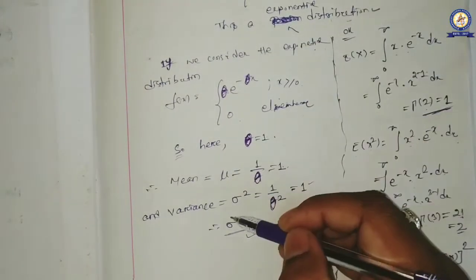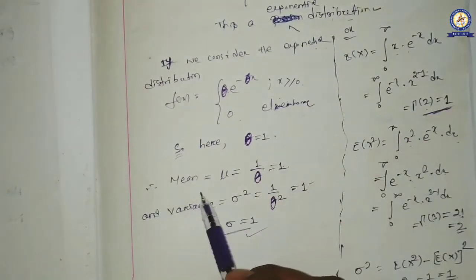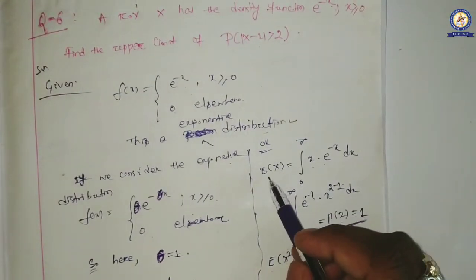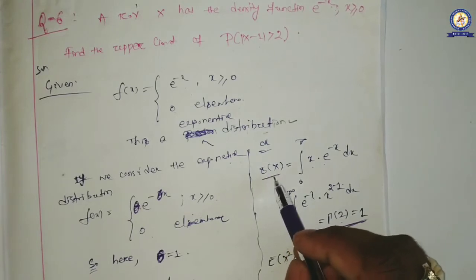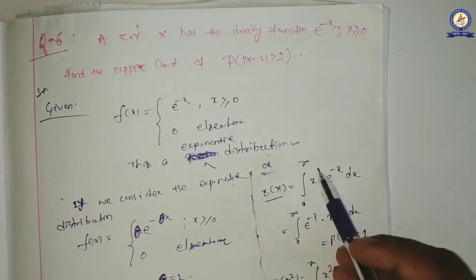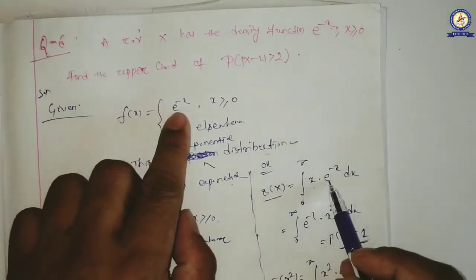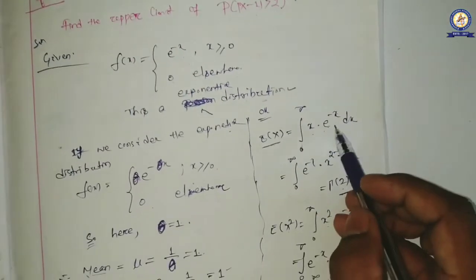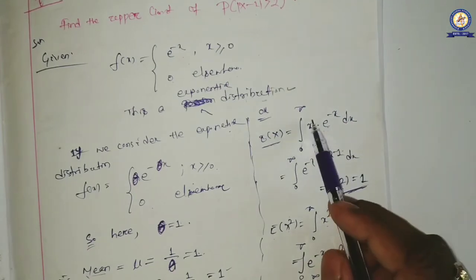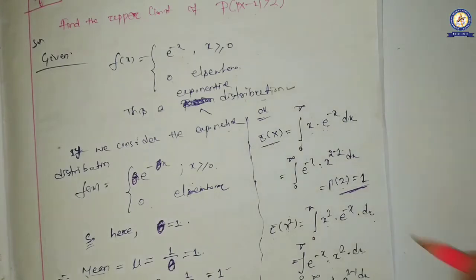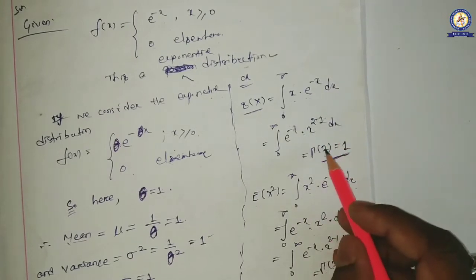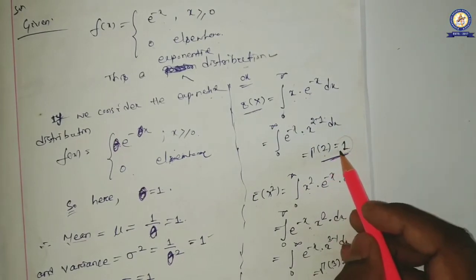So in this way you can estimate the mean and standard deviation, or you can use the direct method. We know that for a continuous distribution the expectation or mean value of x is the integral over the range 0 to infinity of x into the PDF e to the minus x dx, and obviously this is a gamma function. So e to the minus x times x to the power 2 minus 1 dx is nothing but gamma 2, which equals 1.